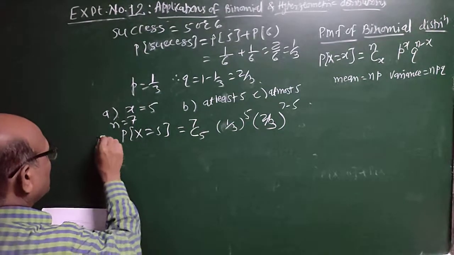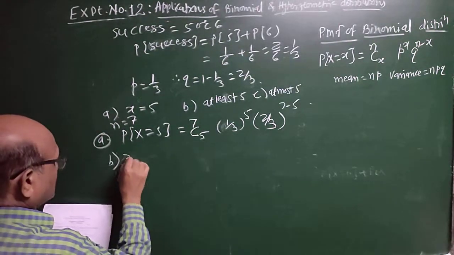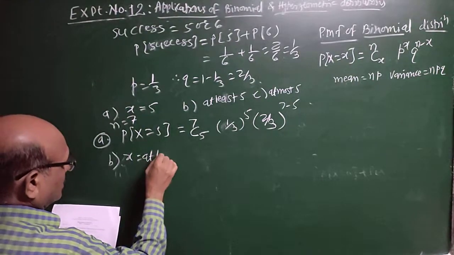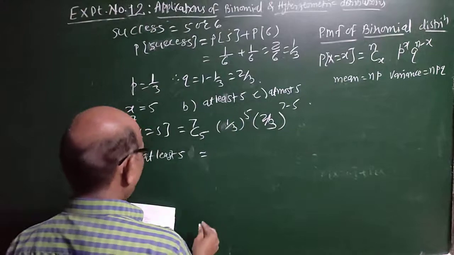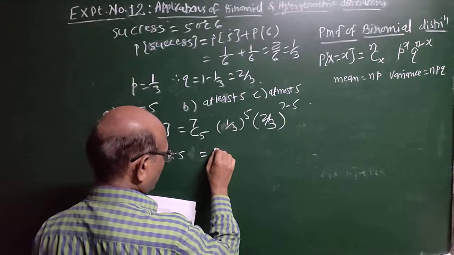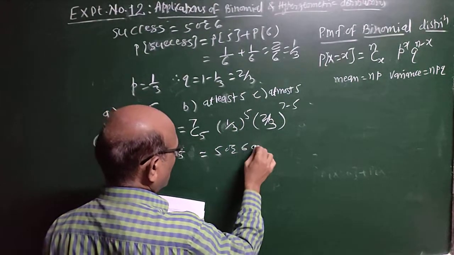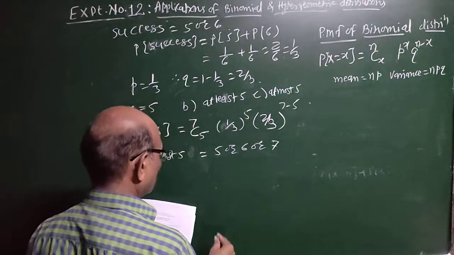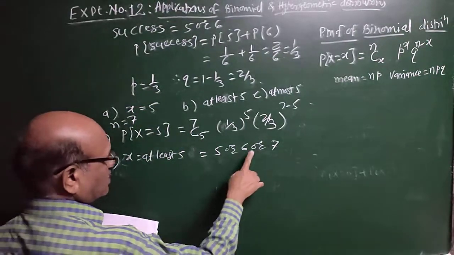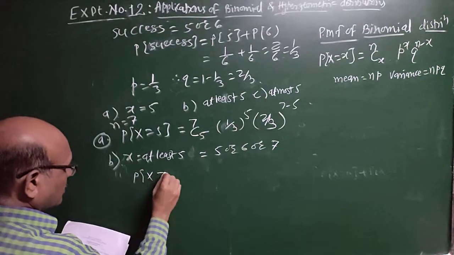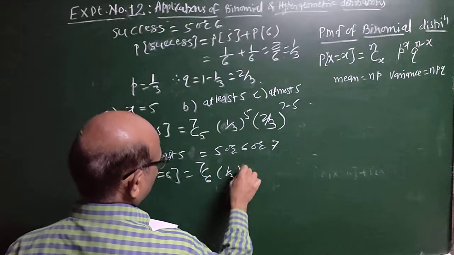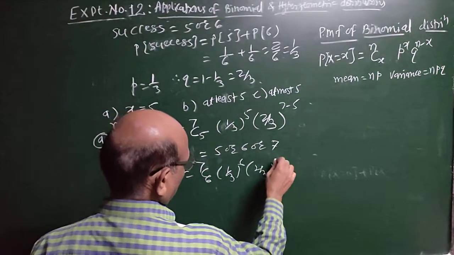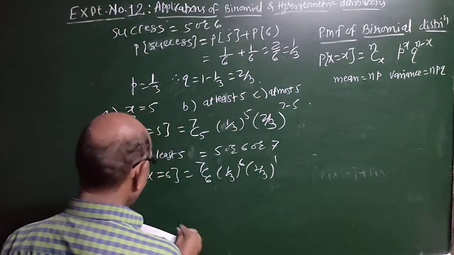B part will be X is at least 5 successes. What does it mean? This is 5 or 6 or 7 successes. So you have got the 5 successes, you have to obtain the probability X equal to 6. That will be 7C6, 1/3 raised to 6, 2/3 raised to 7 minus 6 is 1.